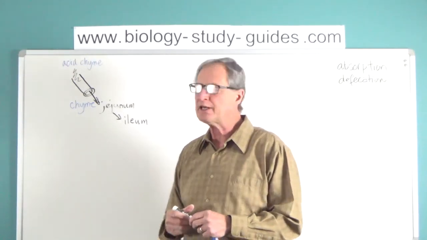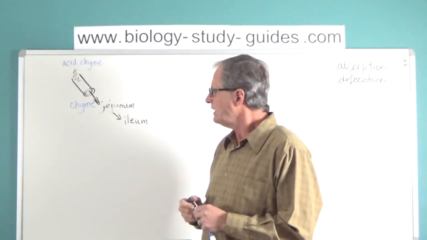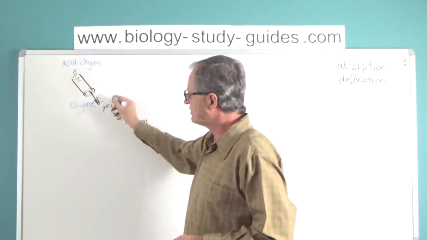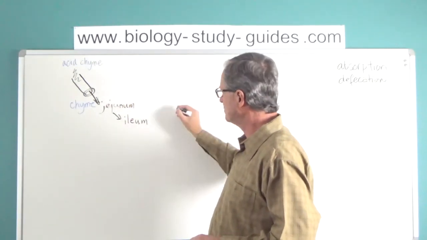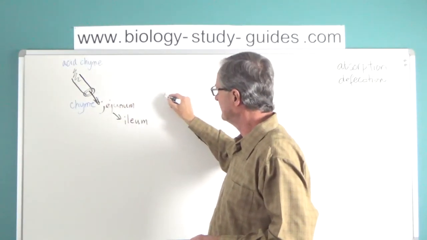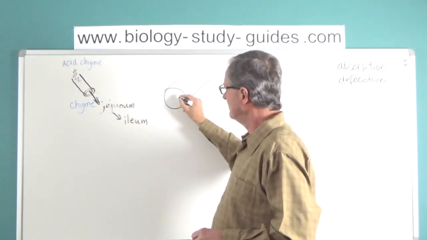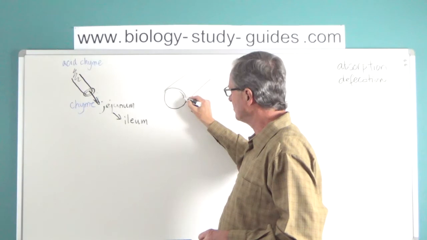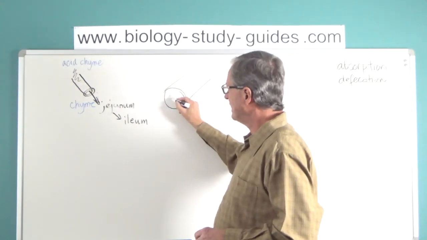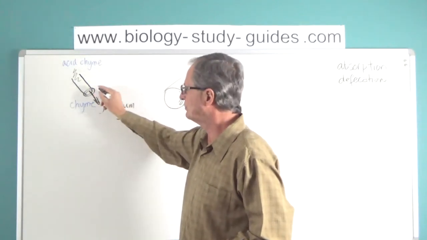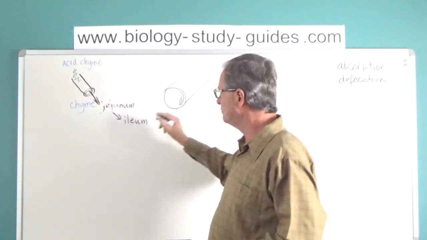So the ileum itself is a very specialized structure. And if I take the same sort of anatomy and turn it this way, if we look at the ileum this way now, remember there's 4 layers to all of these tubes. The inner layer is the lumen. The ileum is not smooth like the duodenum might be, and the jejunum might be smooth on the inside.